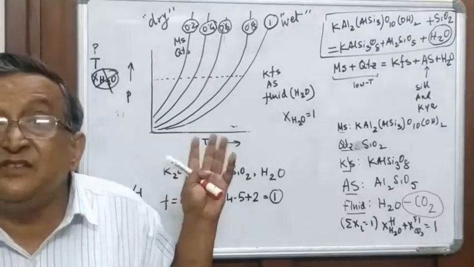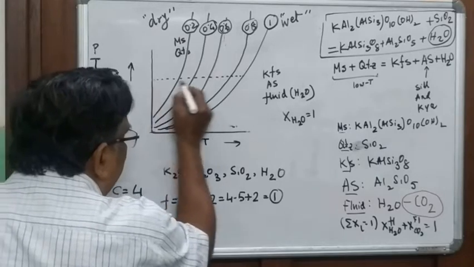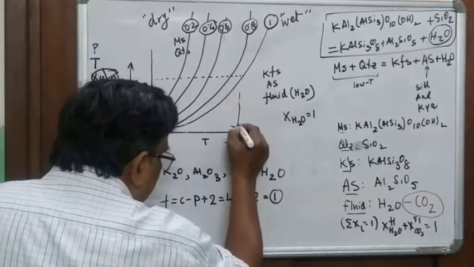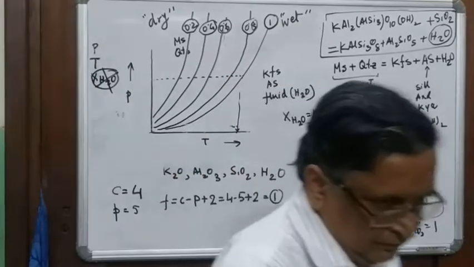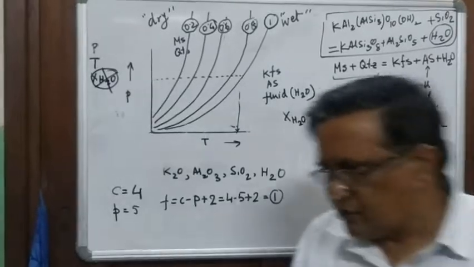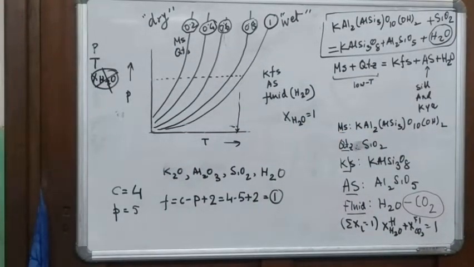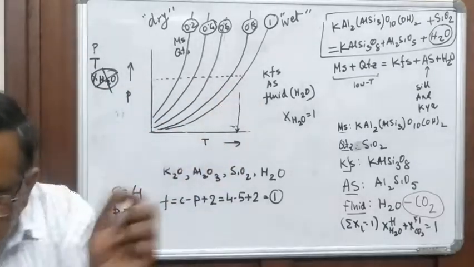That is no variance. That means if you take this value P at this curve, XH2O, this is your T. So T is fixed. That is what Gibbs phase rule says for this curve, muscovite plus aluminosilicate plus H2O. You say that I take a pressure value, so P is equal to something.